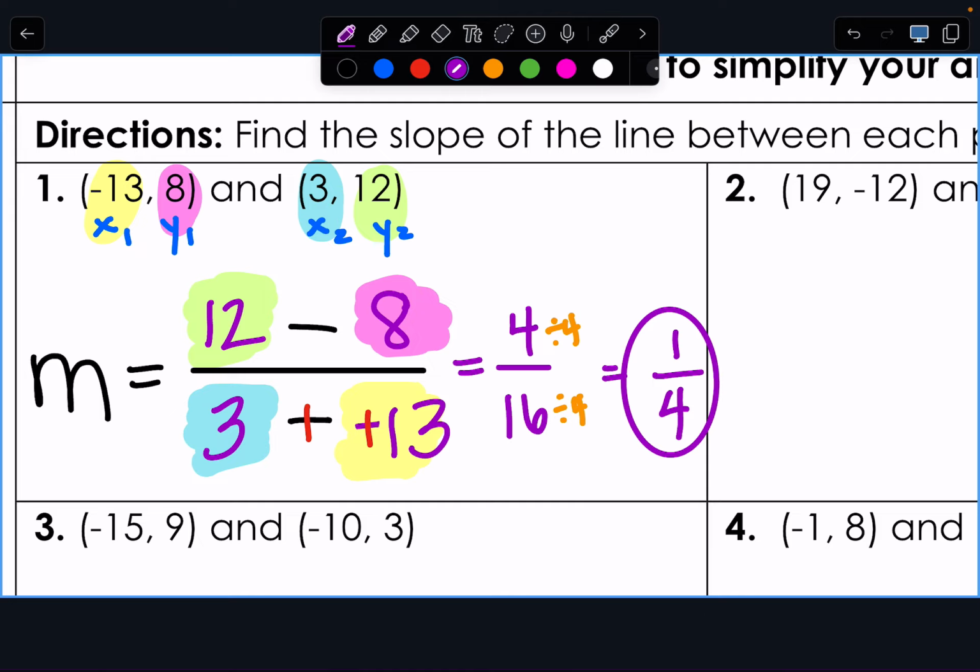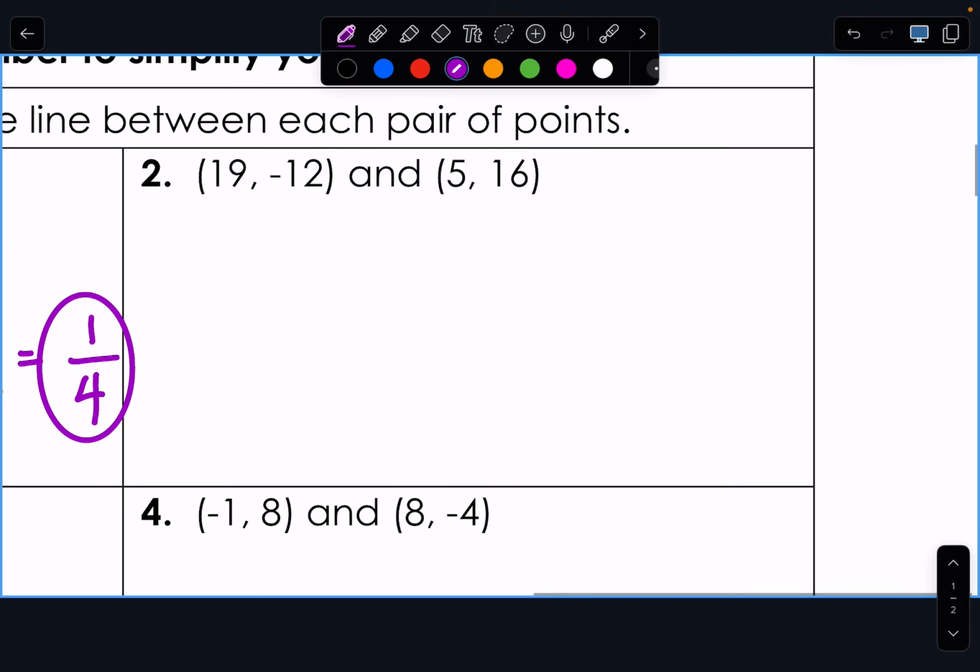Okay. In number 2, could you write xy, xy, cute little 1s by the first xy, cute little 2s by the second xy? Okay.